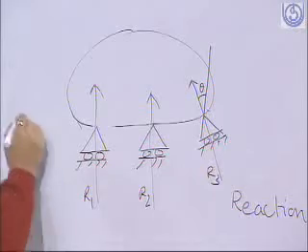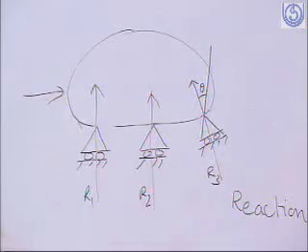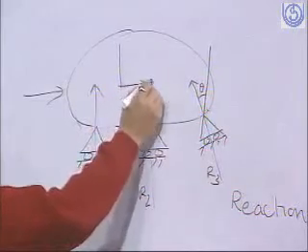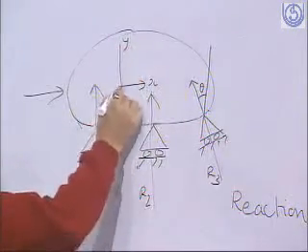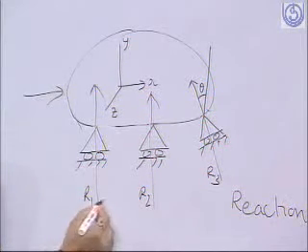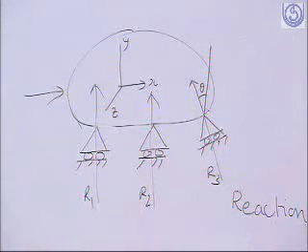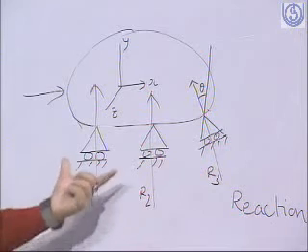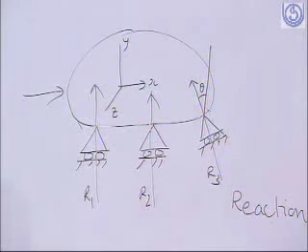So in the horizontal direction or x direction, if we have chosen this axis as x and y, so in this direction the R1 and R2 are not going to provide any restraint, since they are vertical and they have no component in the horizontal direction. But what about this R3?